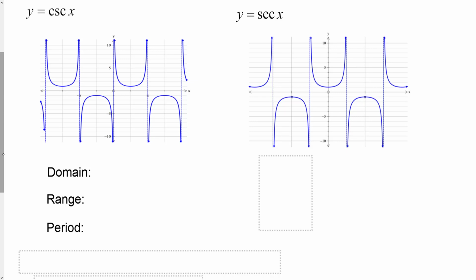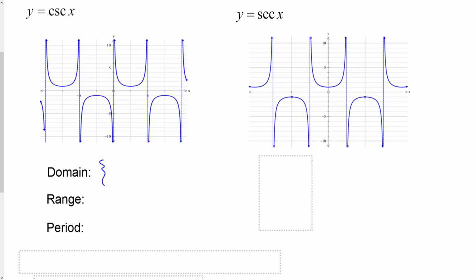Generally, we would write the domain in interval notation, but because of this infinite number of asymptotes, it's not a very good way of expressing the domain of cosecant. So to express the domain of cosecant, we tend to write it in terms of what's called builder notation.